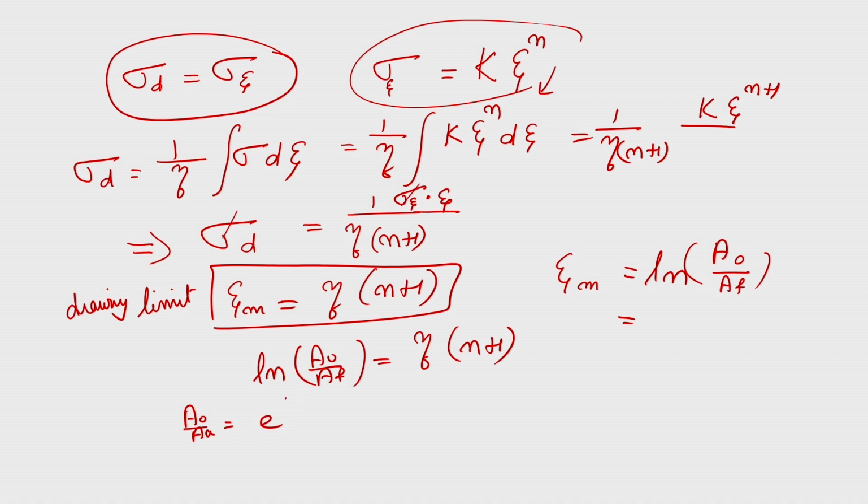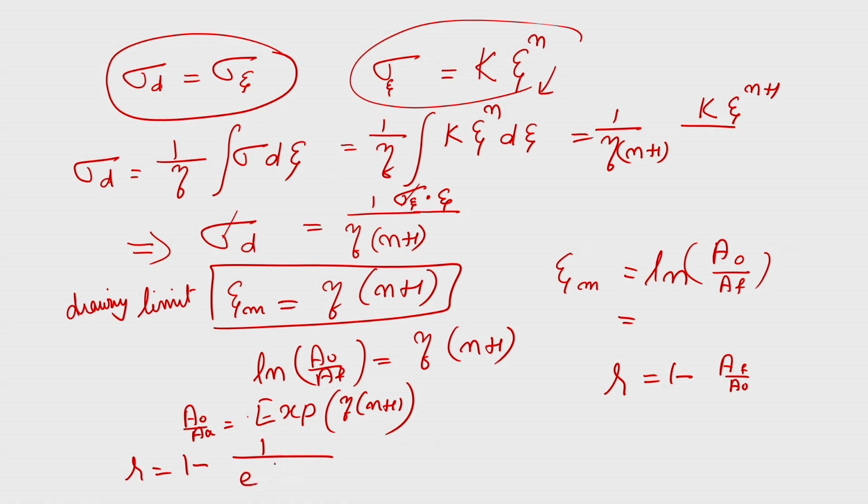We can write this in exponential form, and we also have the relationship R is equal to 1 minus A f by A naught. So, R is equal to 1 minus 1 by e raised to eta into n plus 1.